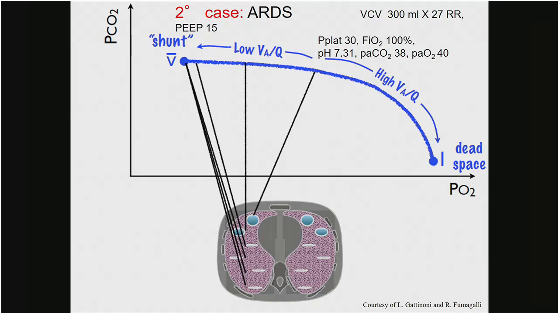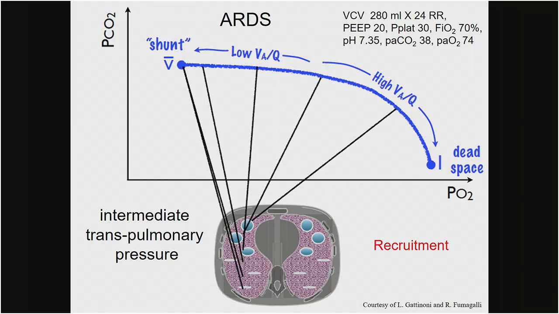Maybe not so much for ventilation, because even a small unit of aerated lung can allow for enough CO2 clearance, given the high solubility and permeability of the alveolar membrane to CO2. So here, as I mentioned before, we can apply a recruitment maneuver, or we can increase the PEEP. So next slide, please.